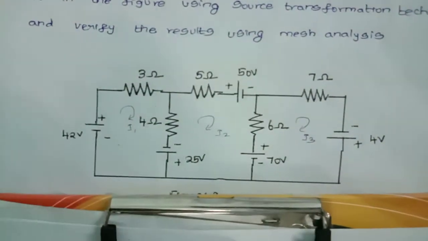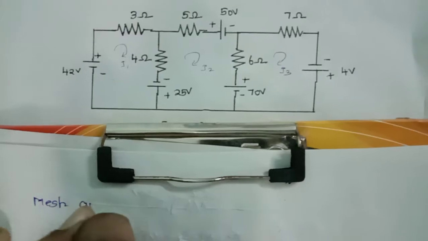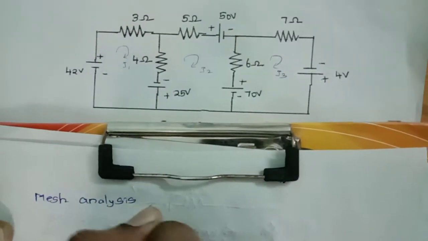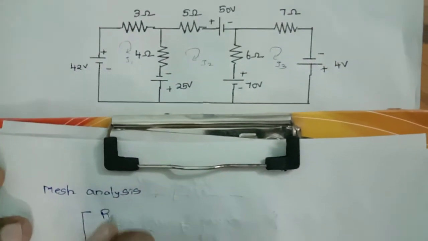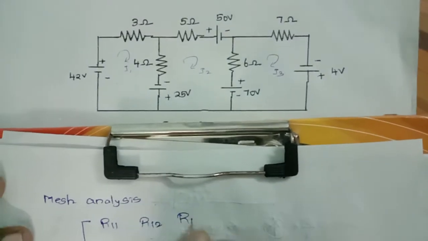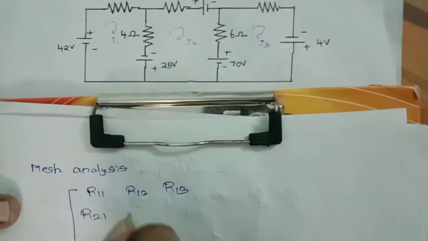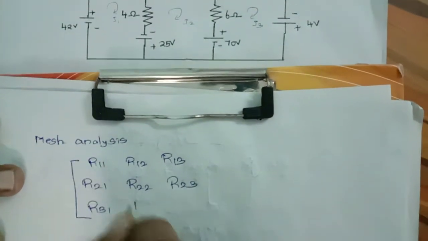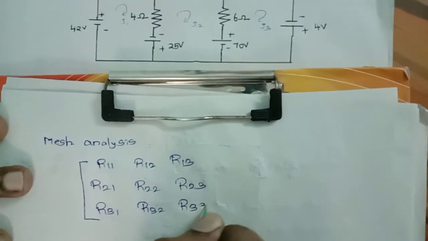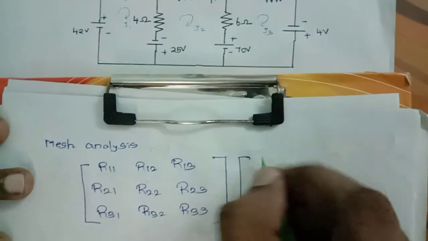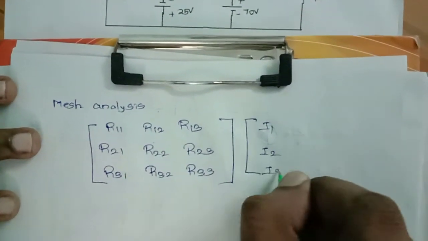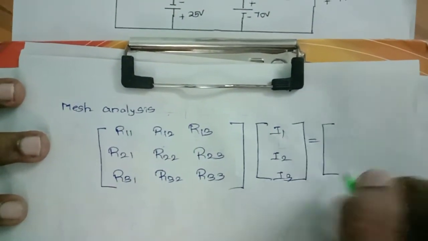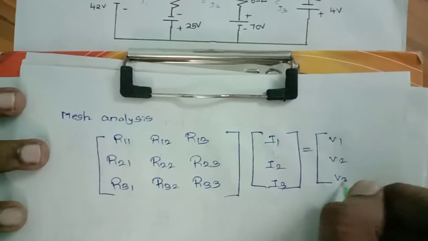So we can take the matrix. By mesh analysis, you are framing a matrix R11, R12, R13, R21, R22, R23, R31, R32, R33. If you are taking I1, I2, I3, here V1, V2 and V3.